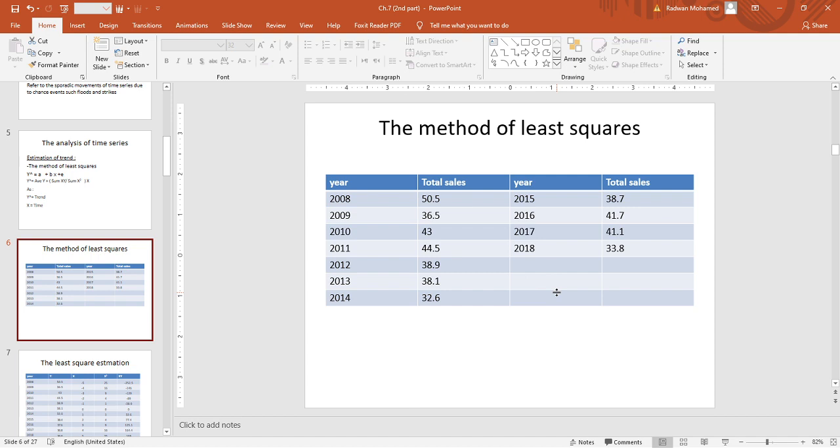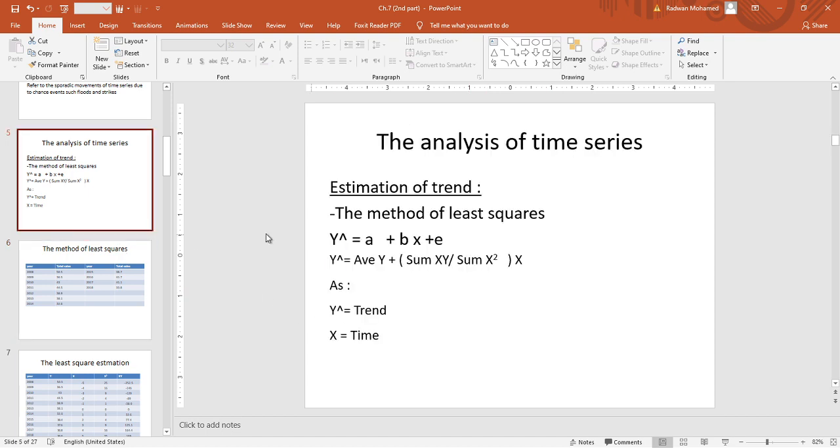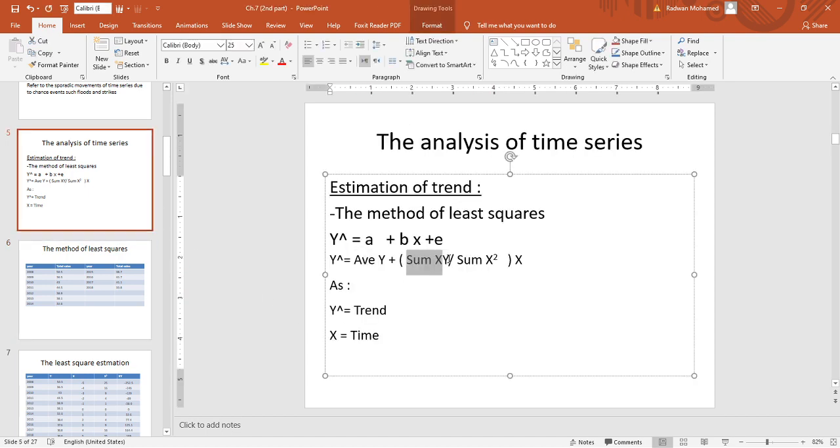How can I calculate, forecast or predict the sales for these years? For this, I have to calculate the value of each term here. For each term I should make a column to calculate it first, then apply the rule. So first of all, I have to calculate every term. How should I do that?